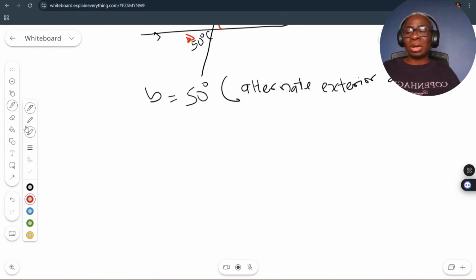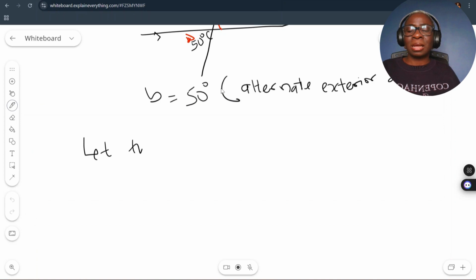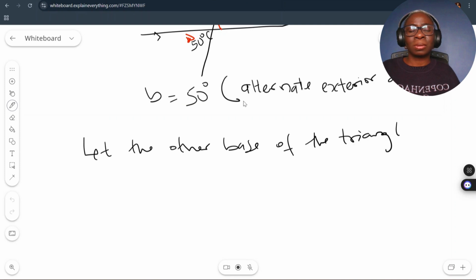To solve this, because we have to state the reason, we will let the other base angle of the triangle be x.